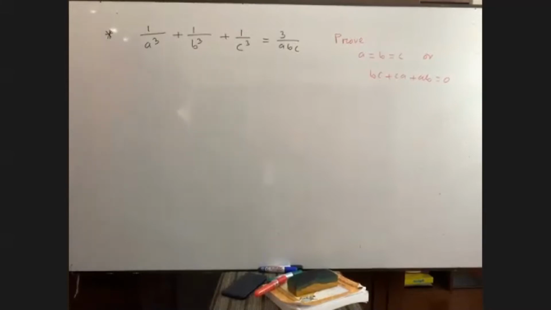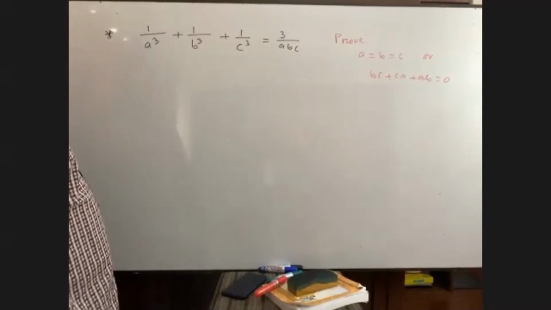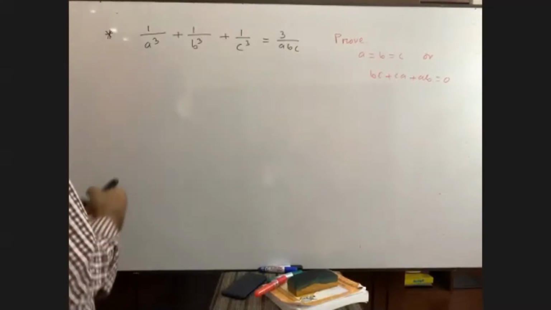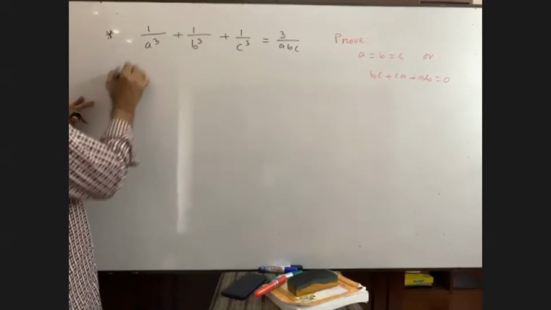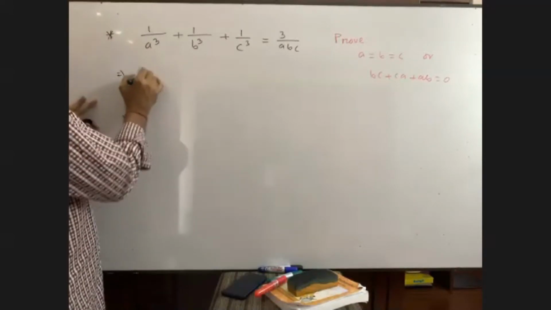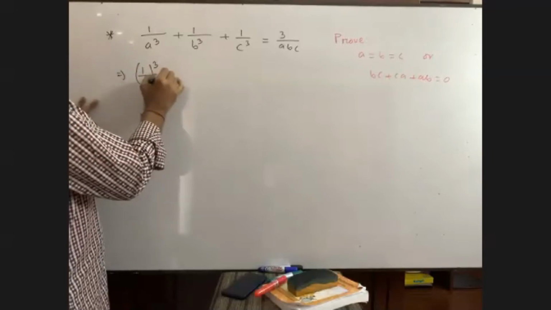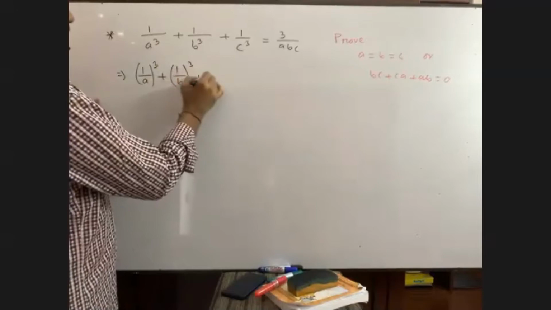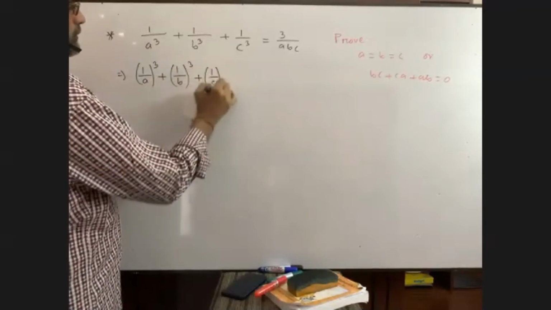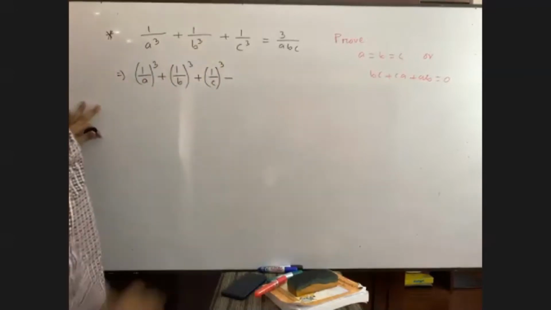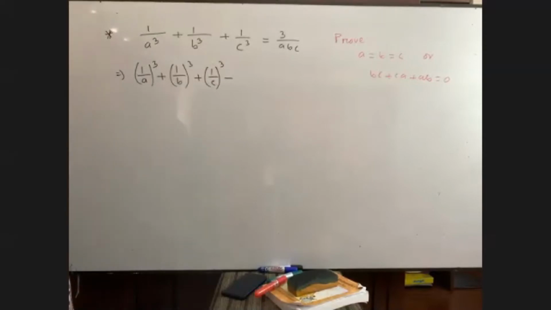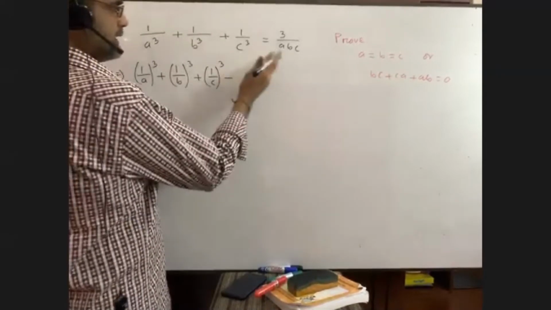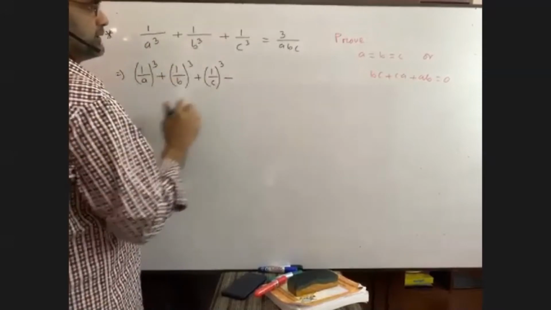Have you copied it? Yes, sir. So what are you getting here? 1 by a whole cube, 1 by b whole cube, 1 by c whole cube, minus 3 by abc. Can you bring this to the left hand side?